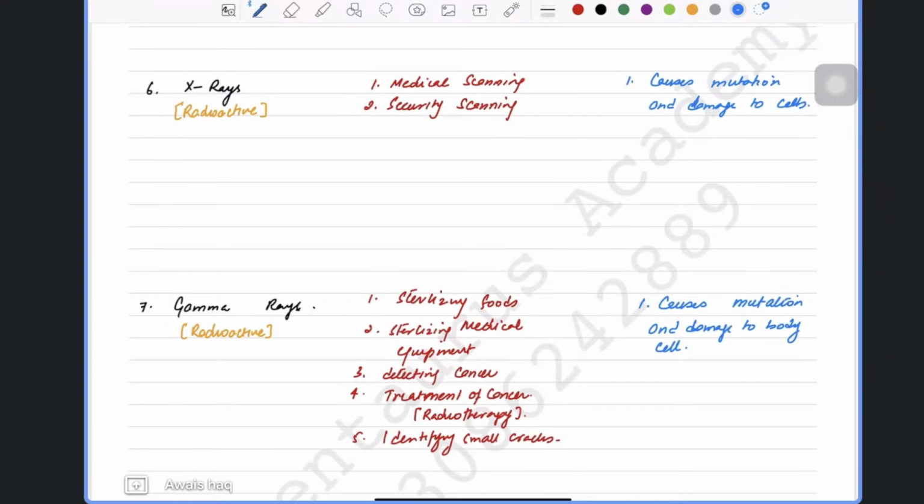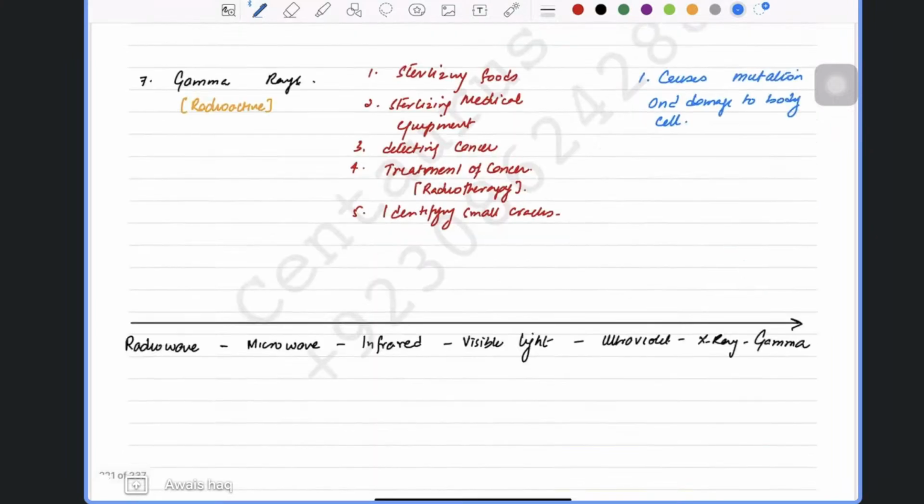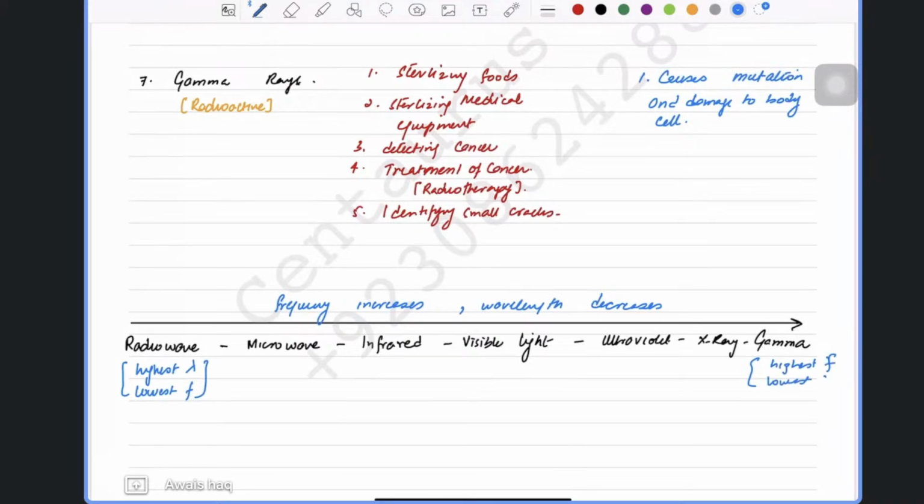Very cool. Anyway, now when you go from radio wave to microwave, as we've done in the series, you guys need to understand that the frequency increases and wavelength decreases, which means that radio wave has highest lambda and lowest frequency, and gamma has highest frequency and lowest wavelength.